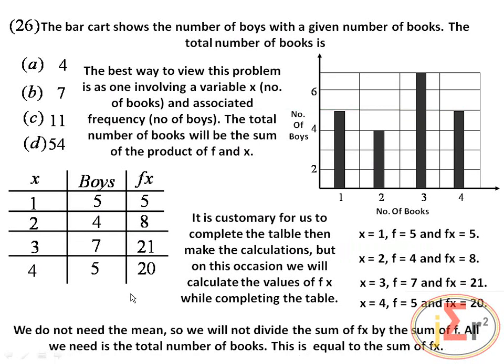We do not need the mean, so we will not divide the sum of fx by the sum of f, which is what we do when we are finding the mean. All we need is the total number of books, and this is equal to the sum of the products fx. So we need to just add those, and the result is 54. No problem with that answer.